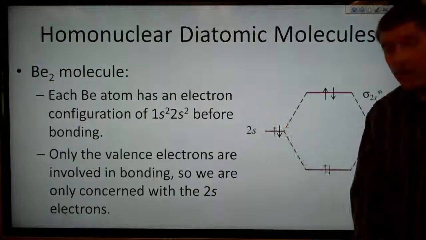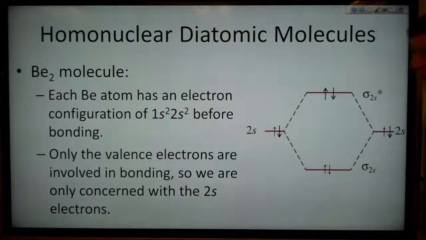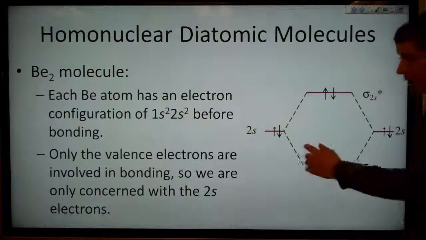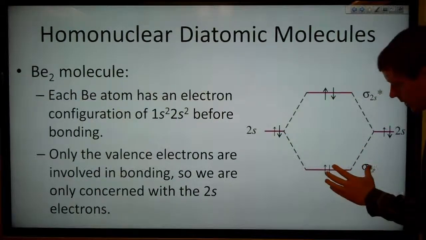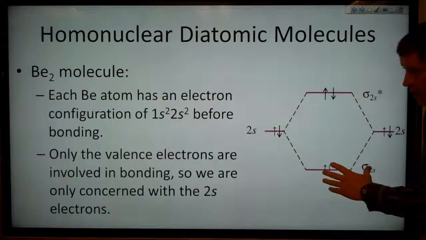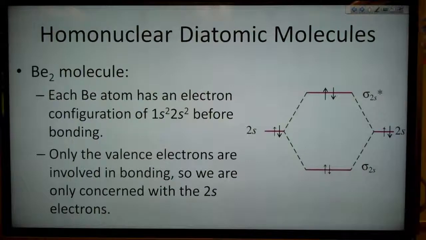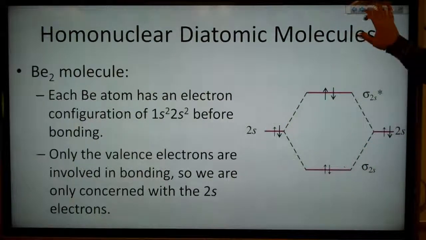So now let's look at the beryllium diatomic molecule. So each beryllium atom has an electron configuration of 1s2, 2s2 before bonding. So now we have two electrons in the 2s. Again, we're only interested in the valence electrons, so we're ignoring the 1s. When we combine together our 2s, two of the electrons move down, two of the electrons move up.